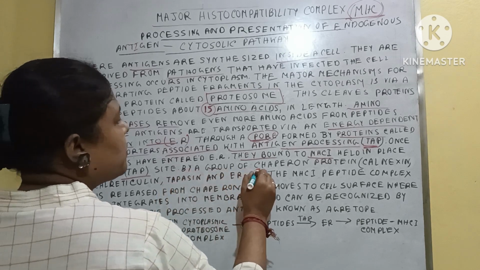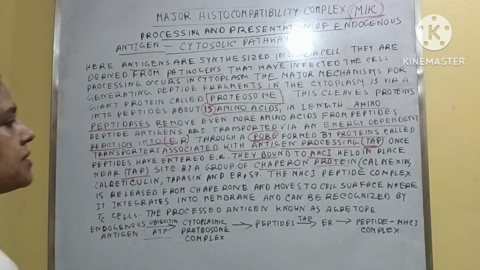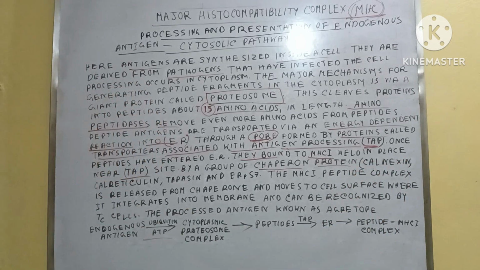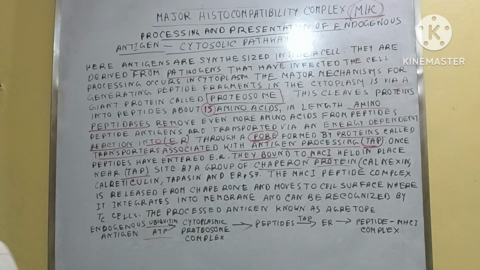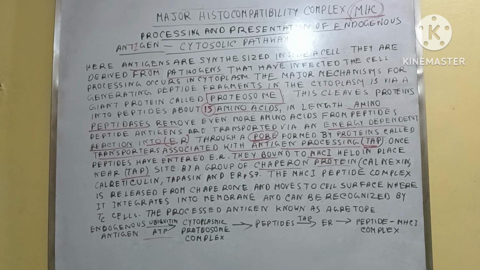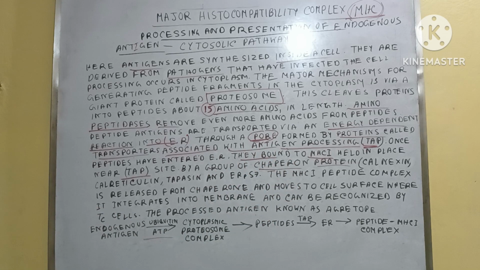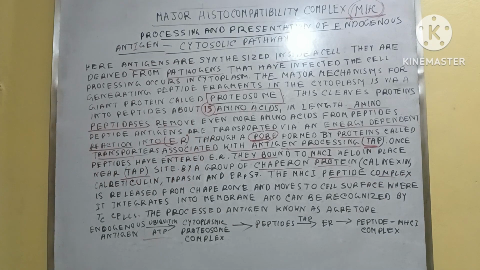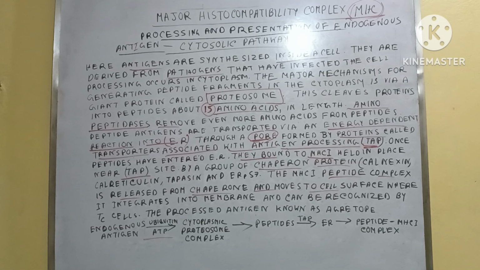And a group of chaperone proteins, such as calnexin, calreticulin, tapsin, and ERp57, play the actual role here. The MHC1-peptide complex is released from the chaperone and moves to the cell surface, where it integrates into the membrane and can be recognized by the TC cell.